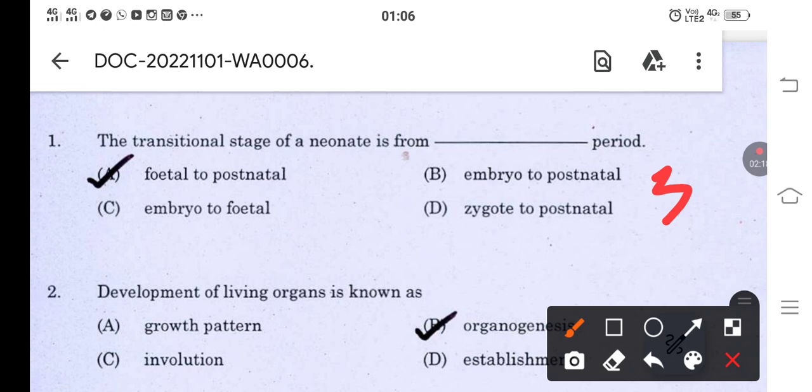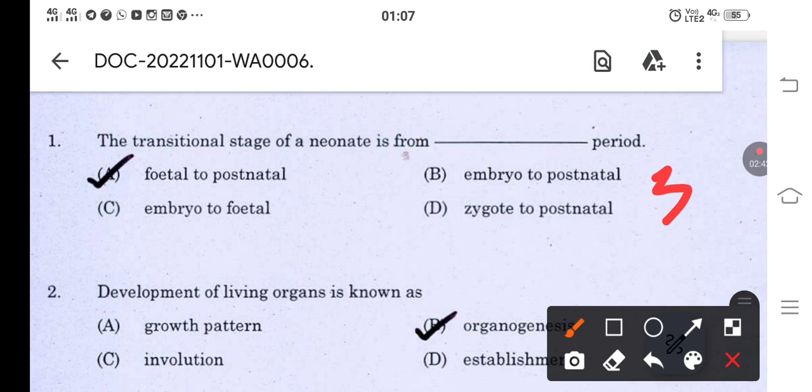And sometimes questions will come like this also: what is the total period of pregnancy, and they will give it in weeks. So the total period of pregnancy is 40 weeks. Sometimes they can ask what is the total number of days of pregnancy, it is 280 days.